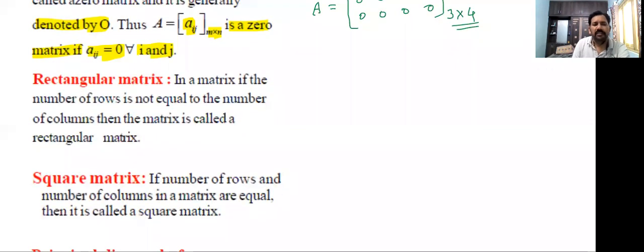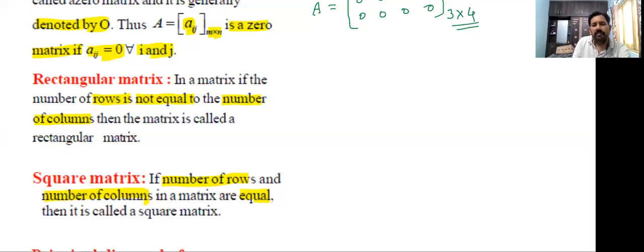rectangular matrix. In a matrix, if the number of rows is not equal to the number of columns, we say such a matrix is a rectangular matrix. If the number of rows and number of columns are equal, we say that matrix is a square matrix.